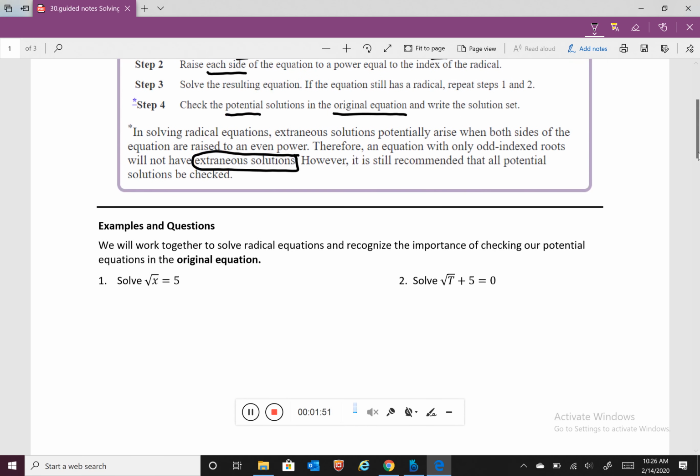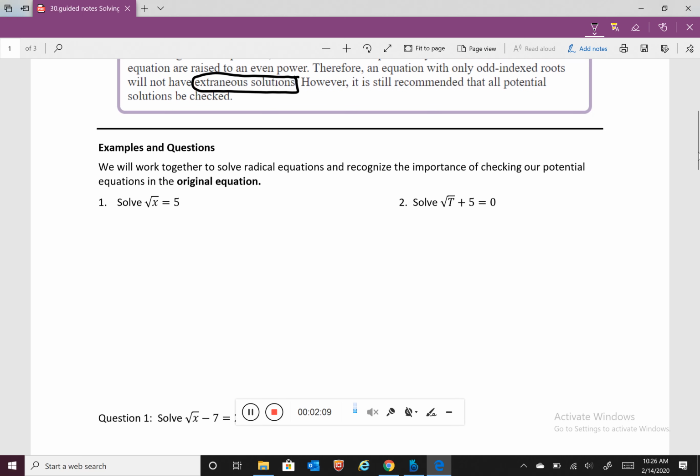So we're going to work together to solve these radical equations, and each time we need to recognize the root and also recognize the importance of checking our potential solutions in the original equation.